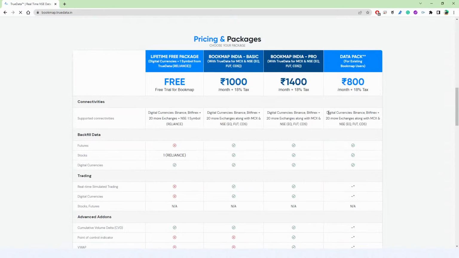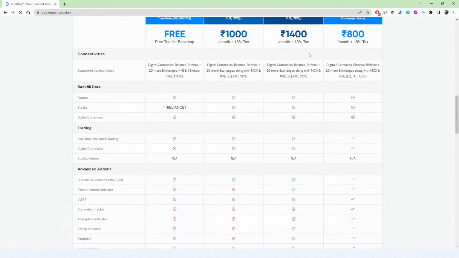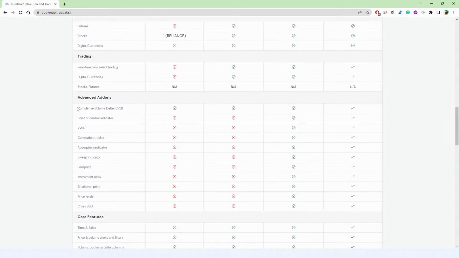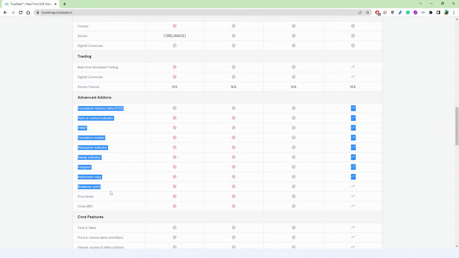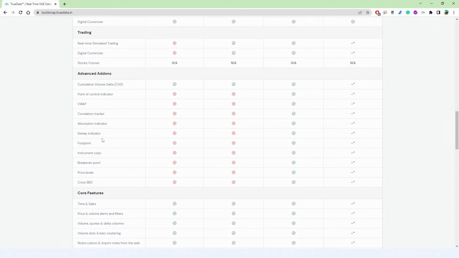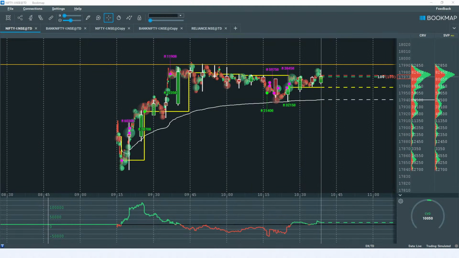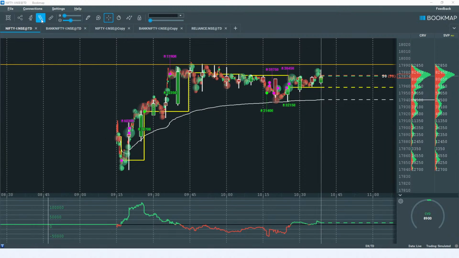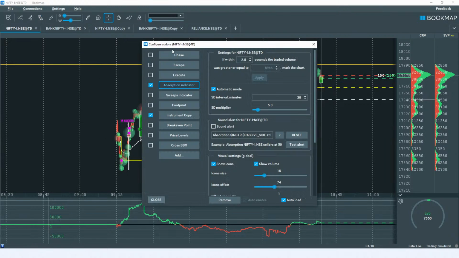These are the different packages, and Bookmap India Pro is the present package that I'm using, and these are the advanced add-ons. By default, you will not get the add-ons when you download the software. Footprint and all will be automatically enabled, but if you don't have a configuration, for example, if you don't have an absorption indicator, you need to go to configure add-ons and add it manually.